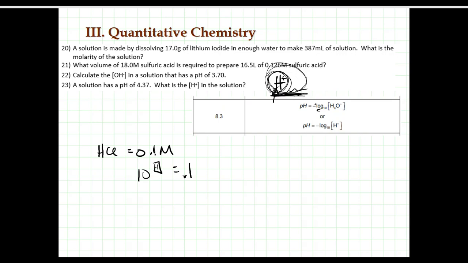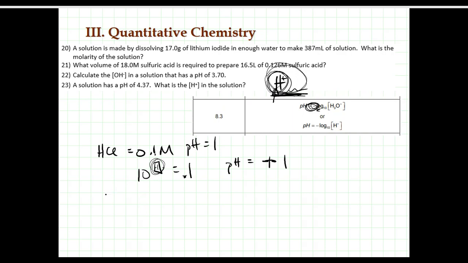But my pH is the negative version of that exponent. So negative 1 is a positive 1. If we have hydrochloric acid with a 0.1 molar concentration, the pH of this would be 1.